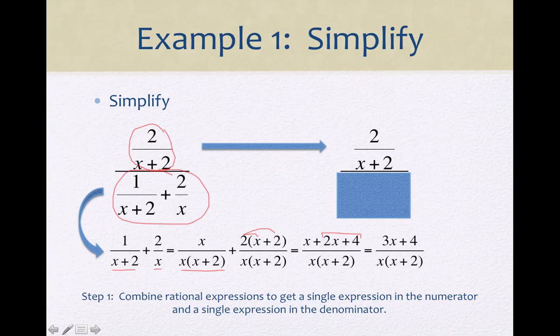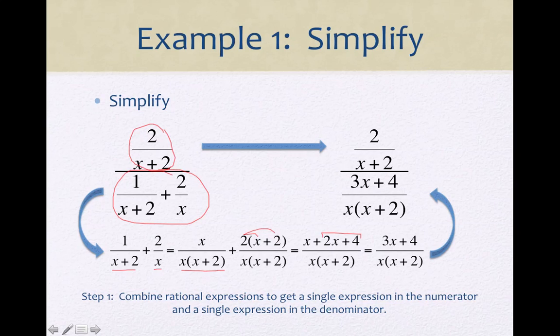And that's being added to the x that was in our first numerator to start with. So when we combine everything together, we end up with 3x plus 4 all over x times x plus 2. So that now is going to go in for the denominator.